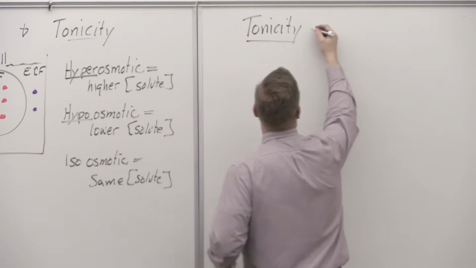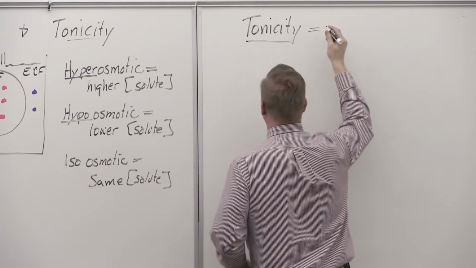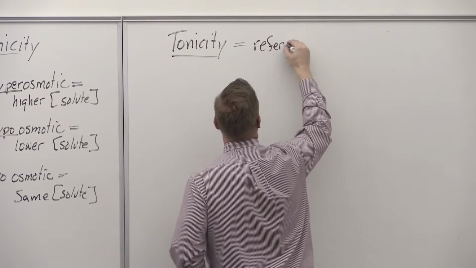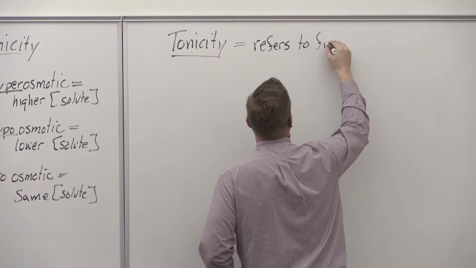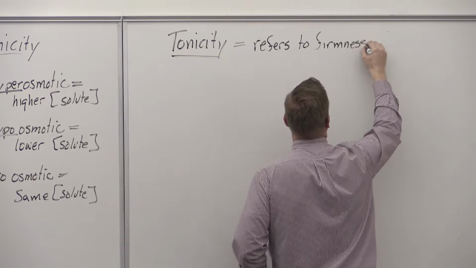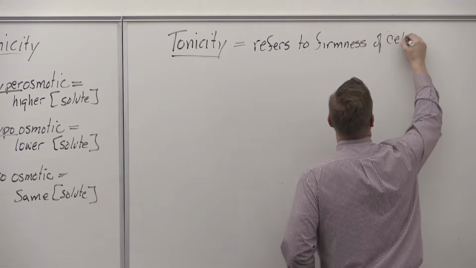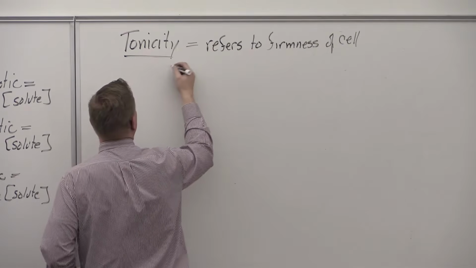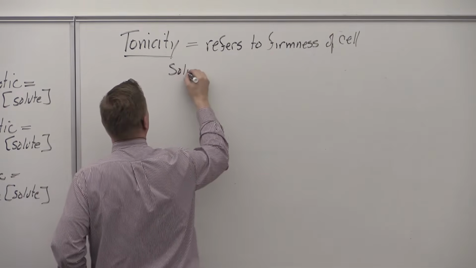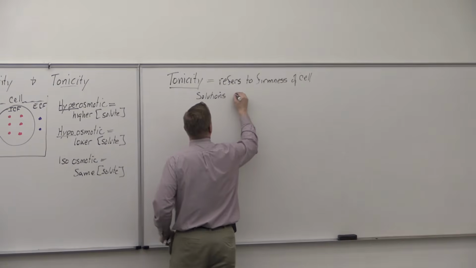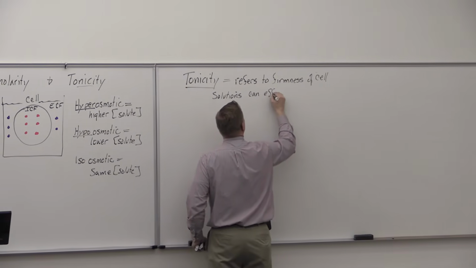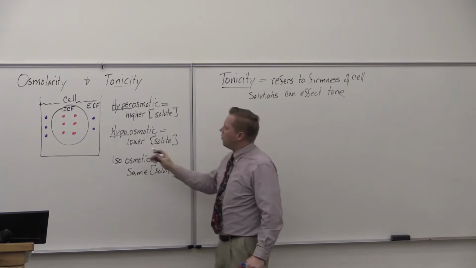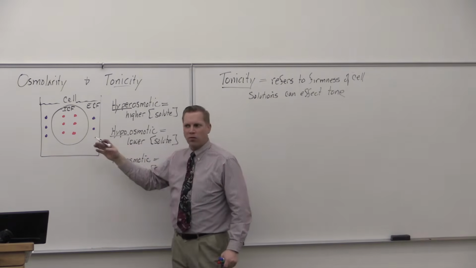And so tonicity, as we refer to these tones, it refers to the firmness of the cell. And then we know that solutions can affect that tone, because different solutions can affect which way osmosis goes.